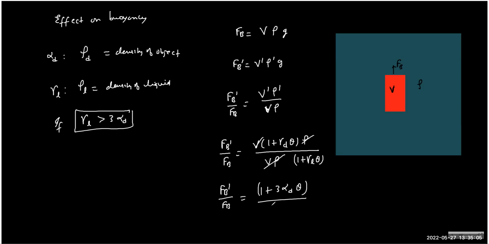This is how we write. If the term on the top is bigger than the bottom part, it will have more buoyancy, and if it is less, less buoyancy. That's a simple relation. Understood? Yes. So buoyancy will increase if the object grows faster than the liquid grows. That's a simple relation you can understand. And yeah, based on this, they may ask you some further questions.